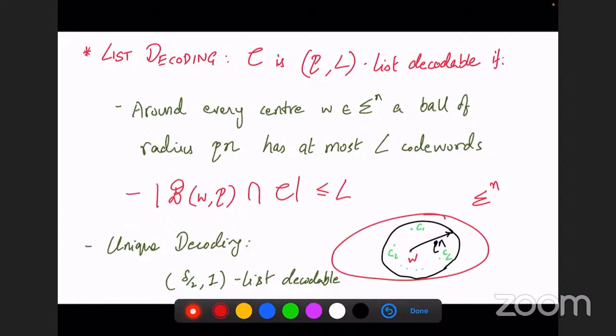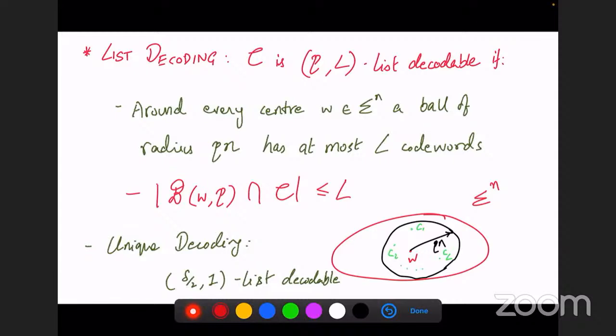List decoding is just a generalization of unique decoding, and we say a code script C is (rho, L) list decodable if for every word W in sigma to the n, if I draw a ball of radius rho n centered at W, it can contain at most capital L codewords from script C. That is what it means to say that C is (rho, L) list decodable.